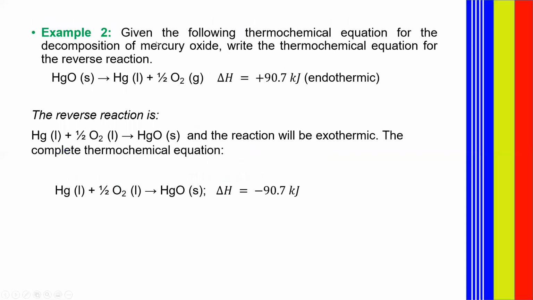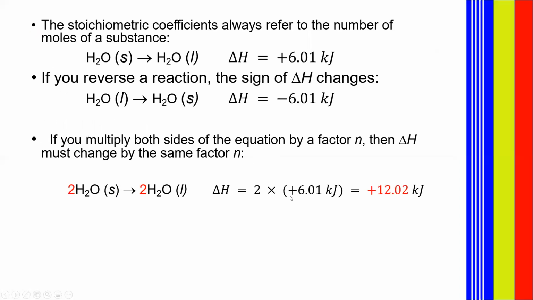Second example, given the following thermochemical equation for the decomposition of mercury oxide, write the thermochemical equation for the reverse reaction. That's very easy. If this is balanced, and this is positive, the reverse will surely be negative, as you can see here. Now, the stoichiometric coefficients always refer to the number of moles.